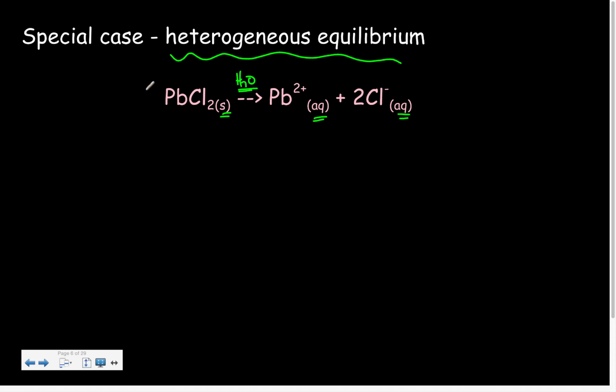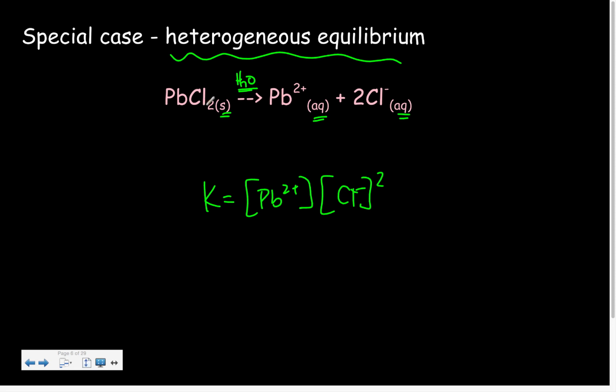When a pure substance is intermingled with a bunch of mixture stuff, it is going to always be excluded from our equilibrium expression. So our equilibrium expression here is going to be this, because we're going to exclude this PbCl2 solid.